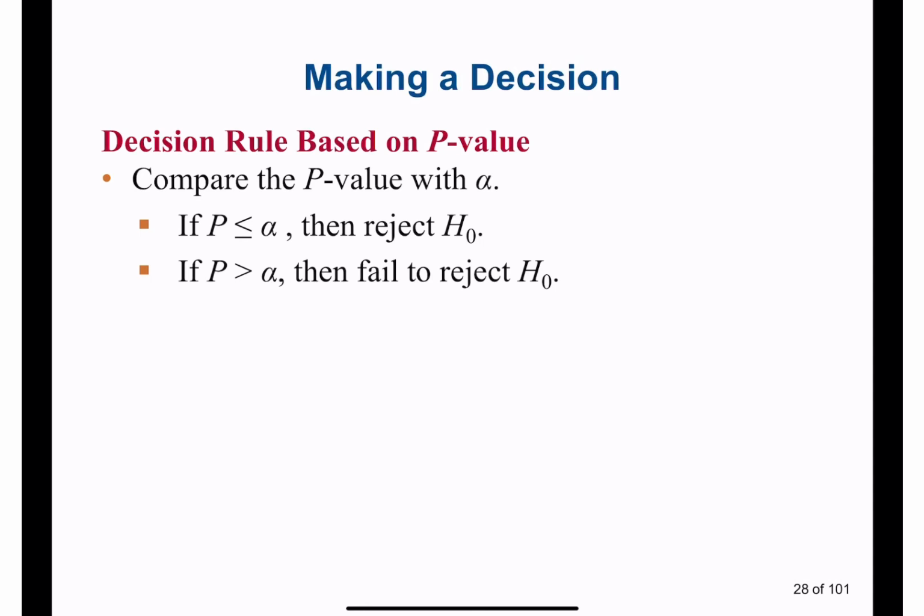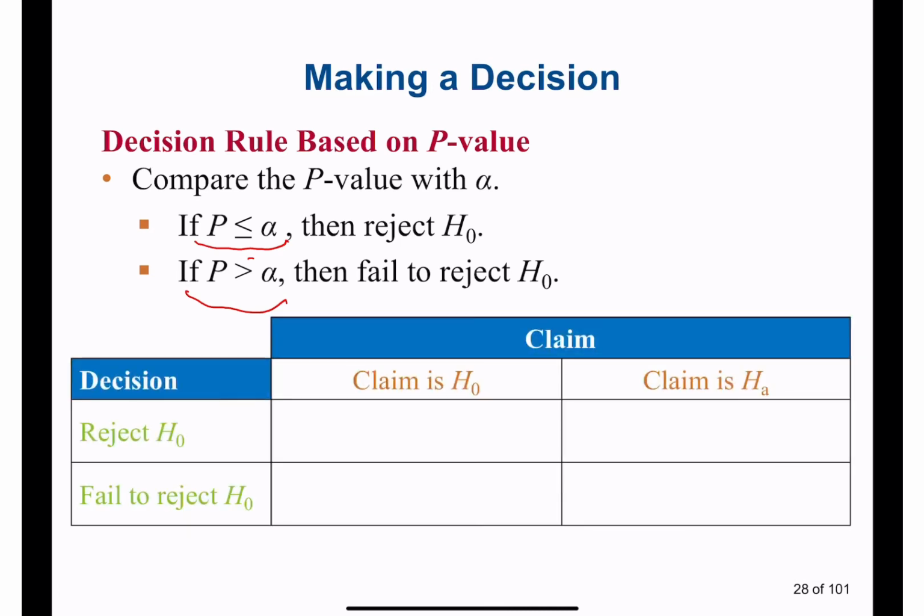If it's within that permitted error, then you are fine. If it's not, then you are in trouble. So if p is less than alpha, then you reject. If the p-value is greater than alpha, then you fail to reject. Let's see what we are getting here.